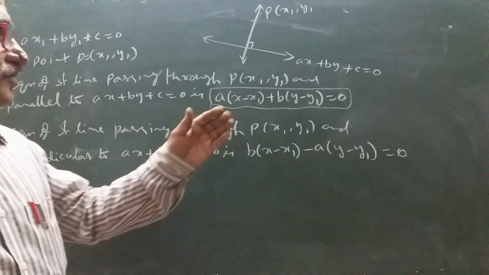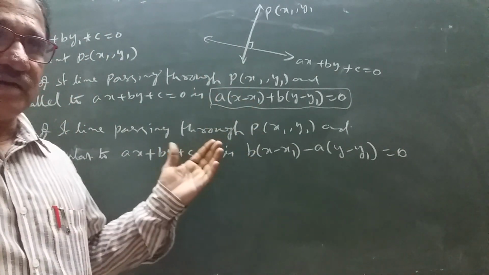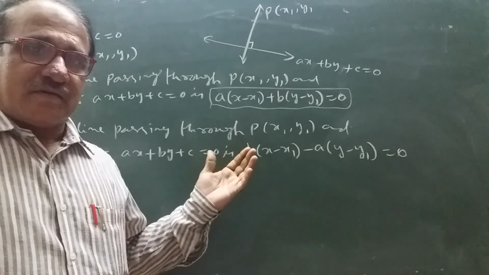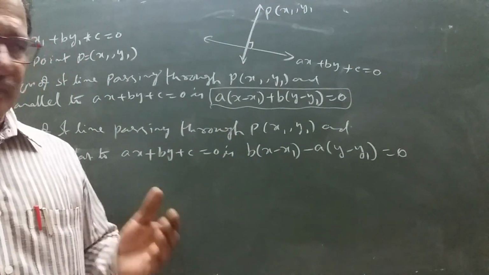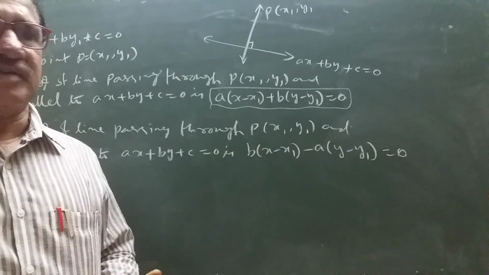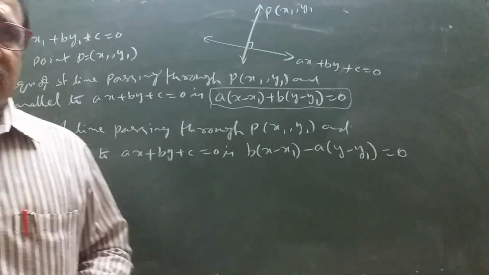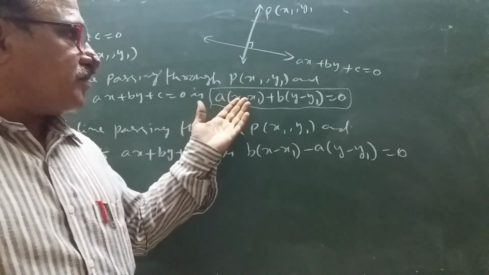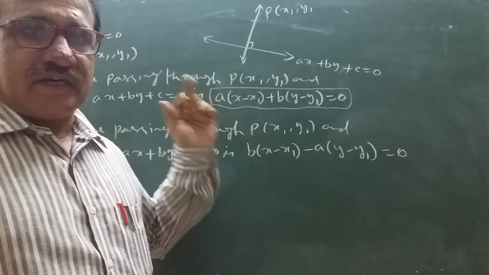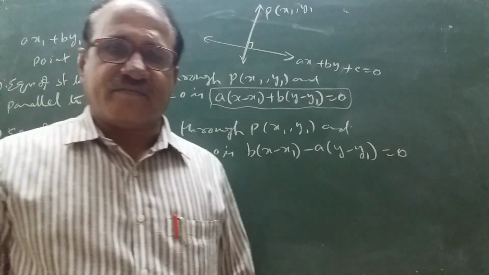Since the product of slopes of perpendicular lines is equal to minus 1, we can prove that easily. Similarly, slopes of parallel lines are equal. So, by using that concept, we can prove this relation also very easily.